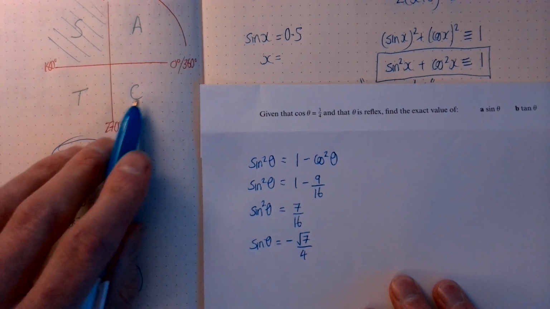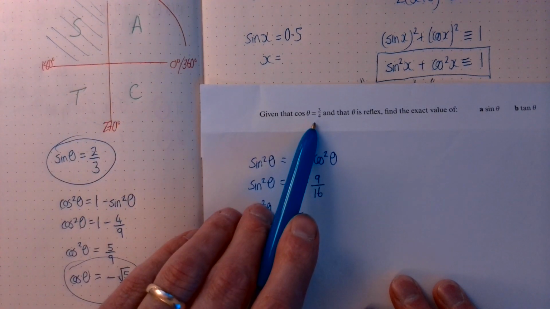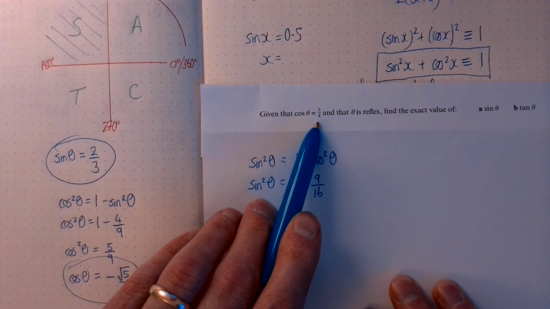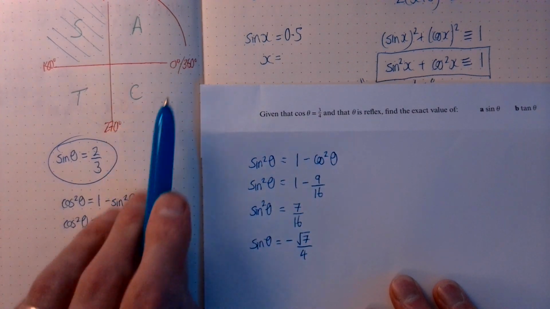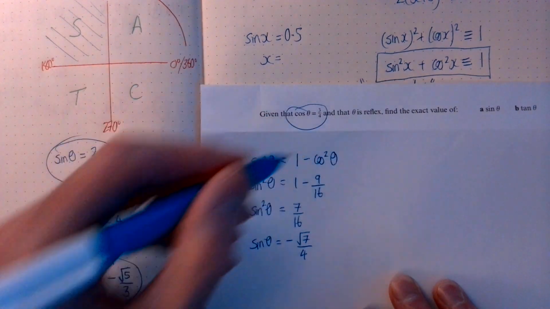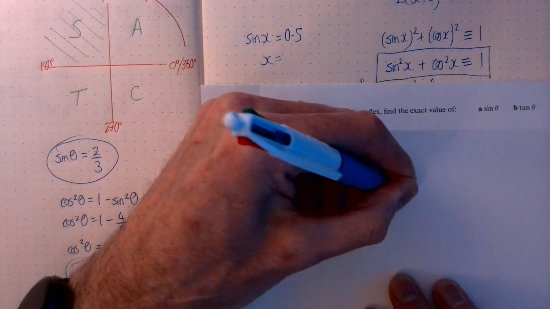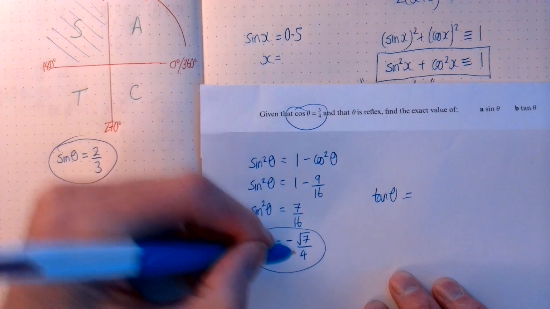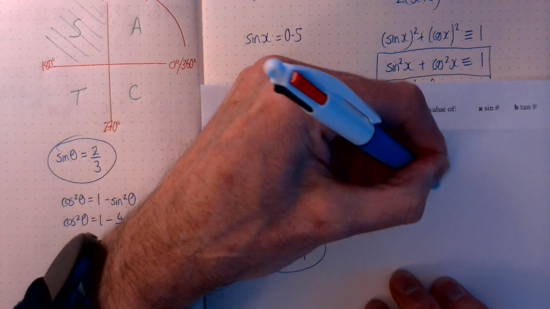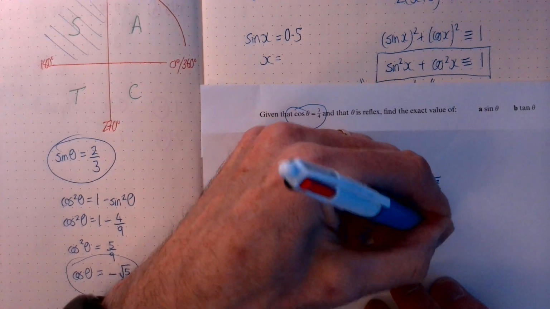Actually, I do sort of know that the fact that cos theta is positive means it's going to be between 270 and 360. But I don't need to worry about that because I know cos theta, I know sine theta, so tan theta is equal to sine theta divided by cos theta.